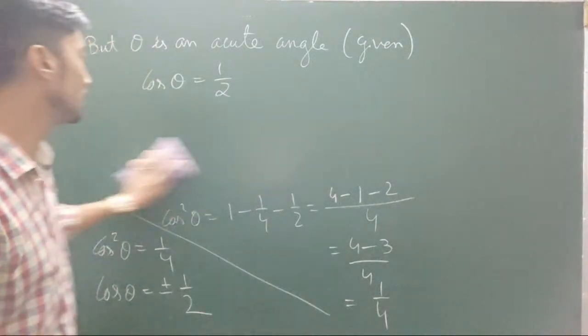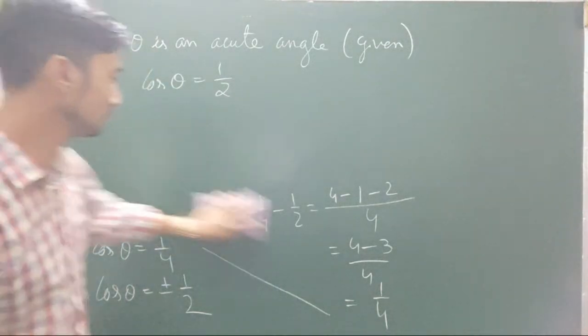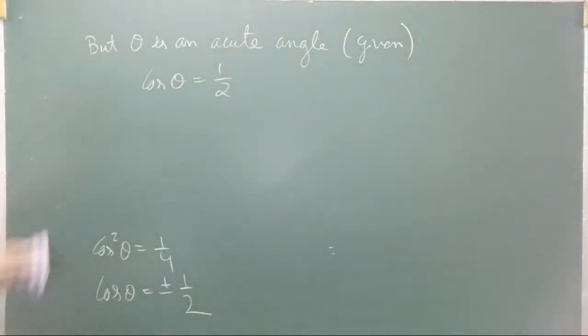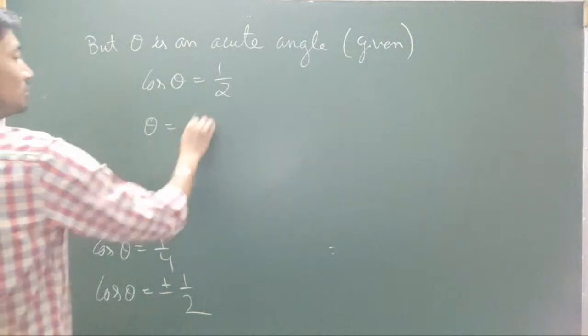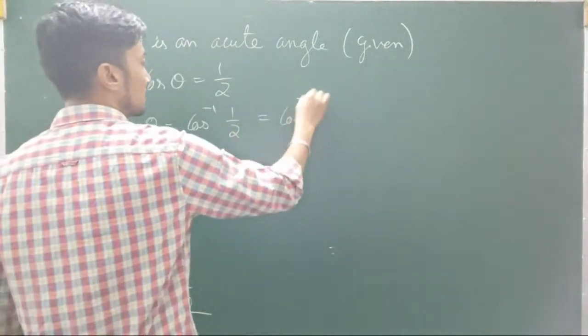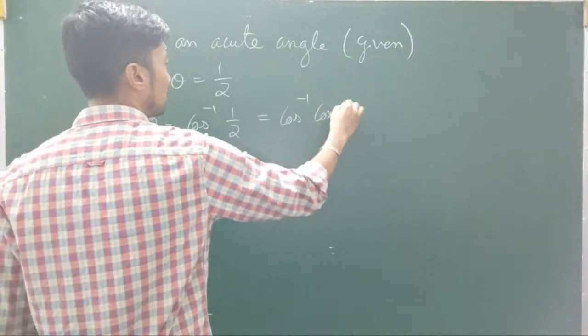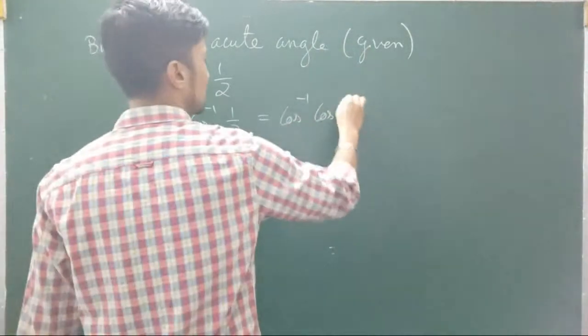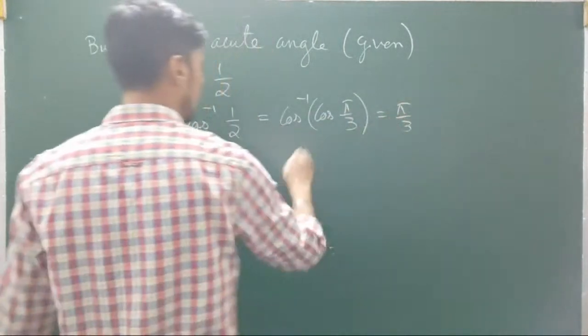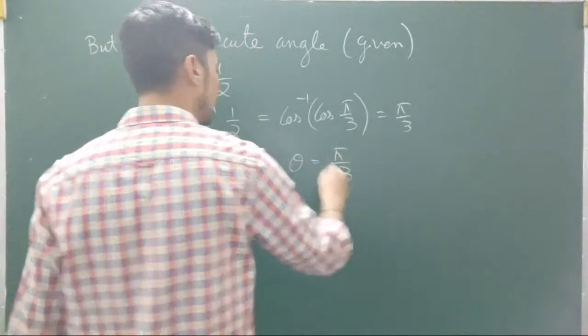So theta is cos inverse 1 by 2, cos 60, that is pi by 3. Therefore theta is pi by 3, 60 degrees.